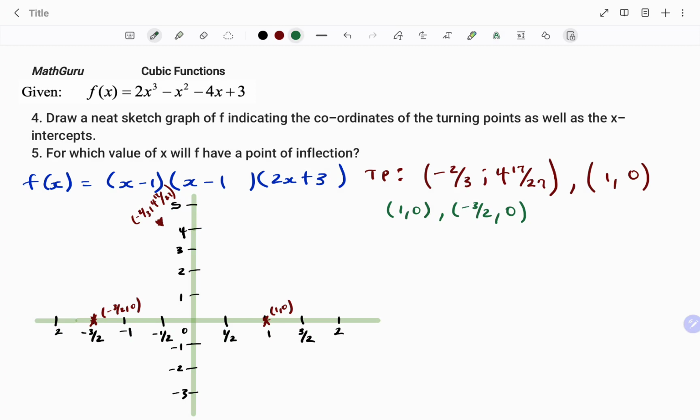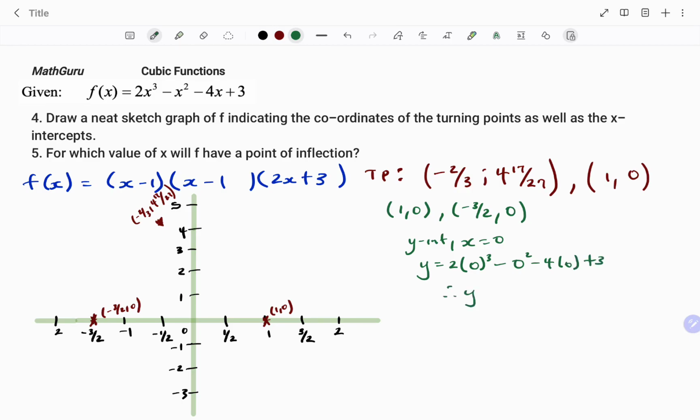Then I need one more point, my y-intercept. The value of x is 0. So y will be 2 times 0 cubed, minus 0 squared, minus 4 times 0, plus 3.